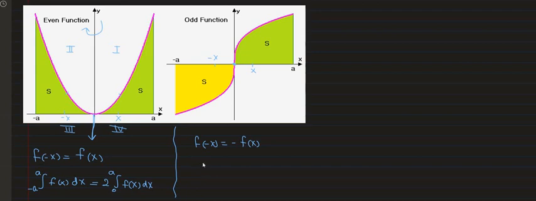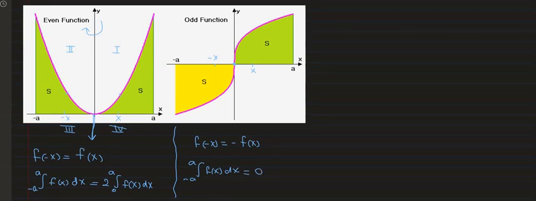If we carry out the integration from negative a to a for such a function, what would we say about the area under the curve? We have an area under the curve that is positive and the same area that is negative, so they both cancel each other and the integration is 0.